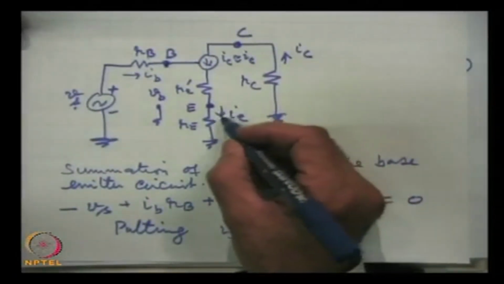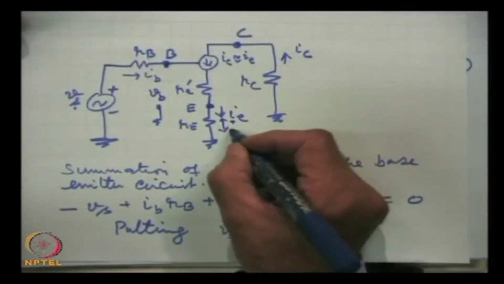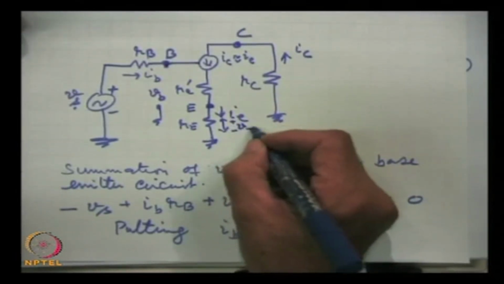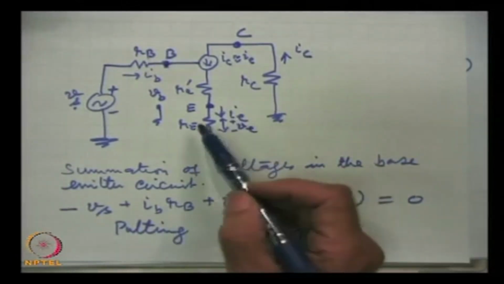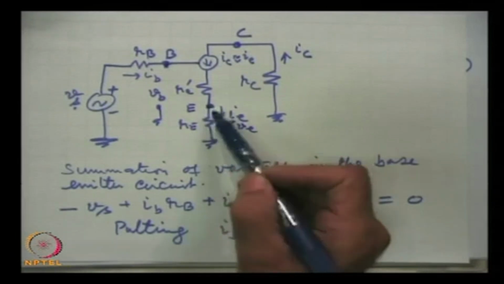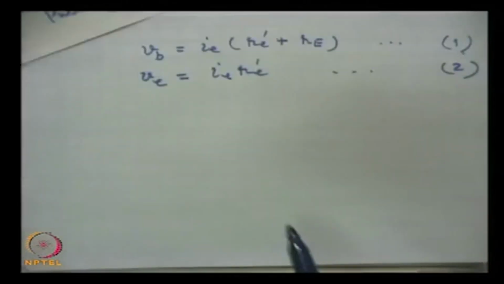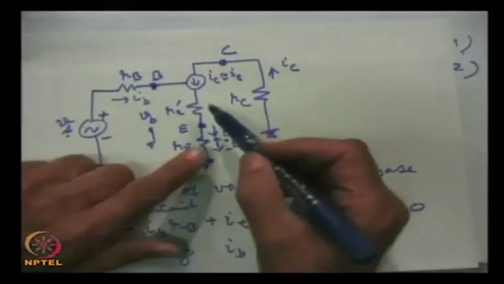What is Ve? Ve is this voltage here, the voltage across the external resistance, and the current is flowing.